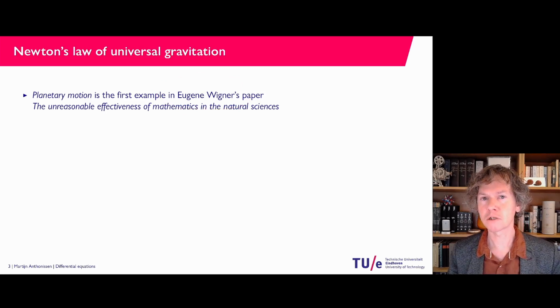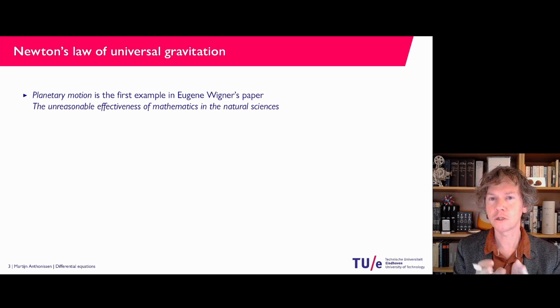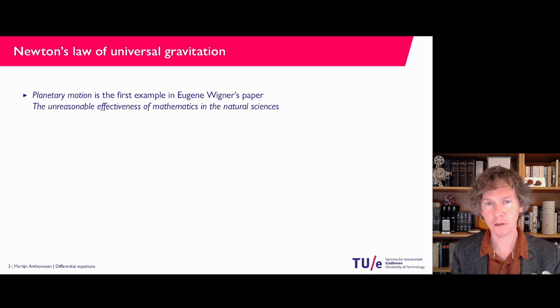And what is basically discussed in that paper is that if you find a mathematical description of things in nature, very often they are very concise, very compact. So it's like one equation that describes something, and then it's ridiculously accurate. So it is only an approximation of what is really going on in nature, in daily life, but then it makes predictions or it explains other phenomena with incredible accuracy.